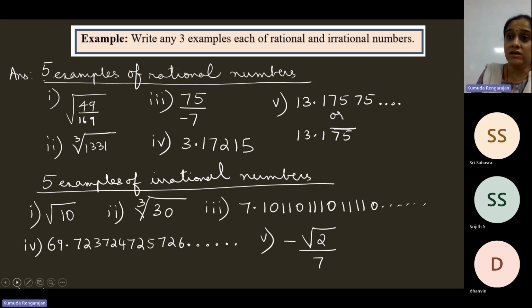When you divide the value of root 2, which is a non-terminating, non-repeating decimal, by 7, that quotient also will be some new non-terminating, non-repeating decimal.